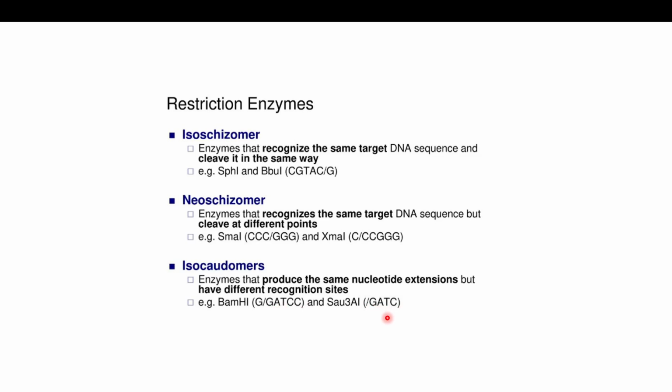So isocaudomers are restriction enzymes that create the same type of overhangs. Neoschizomers recognize the same DNA sequence; the recognition sequence is the same, but the cut sites are different. And isoschizomers recognize the same DNA sequence, and the recognition sites are the same as well.